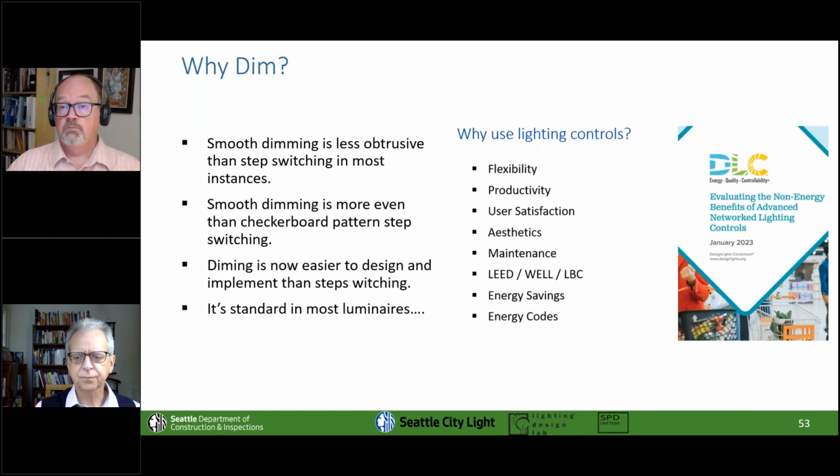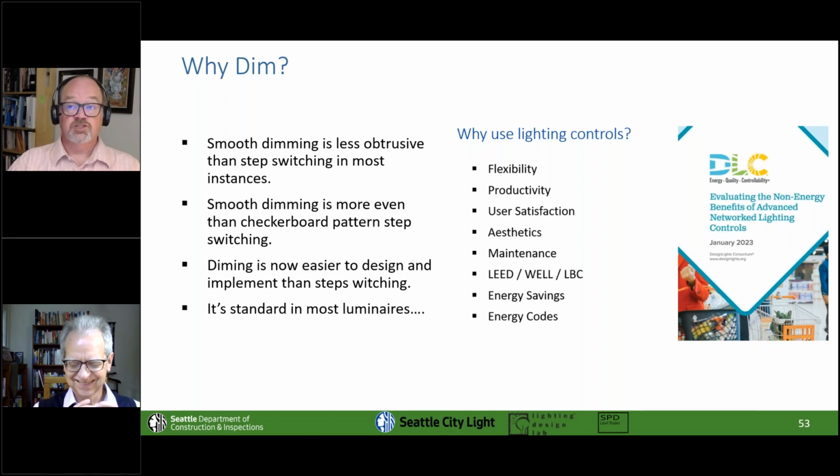Okay, fine. But on most projects, most of the gear is going to be dimming. And smooth dimming is tremendously better than step switching or checkerboard switching. Why? It's less obtrusive, it's more even, and it's frankly easier and cheaper now than step switching.